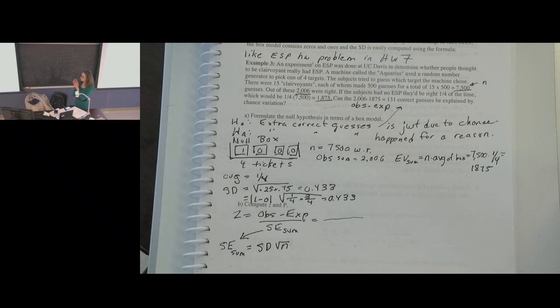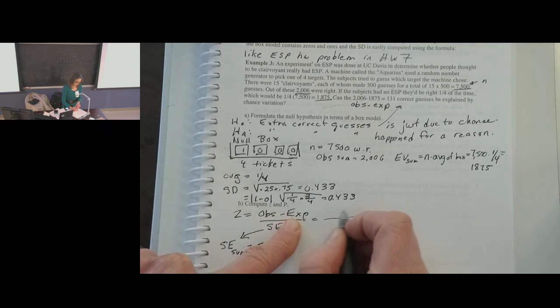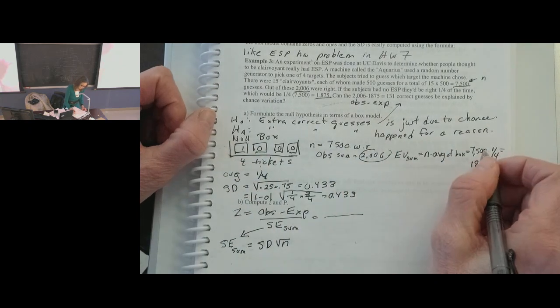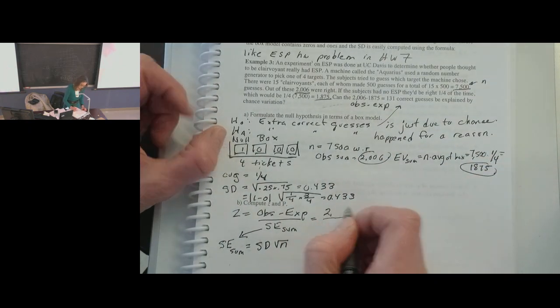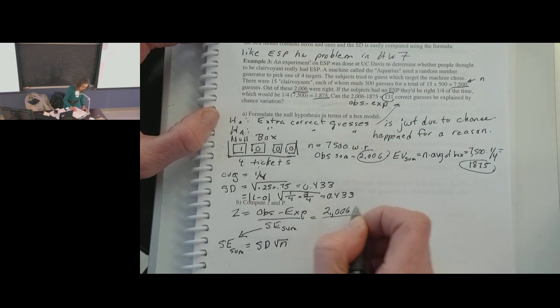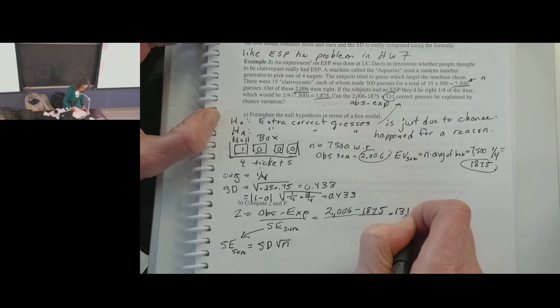So now we know this. But so we got the observed minus the expected. Let's look at that. We have it right up here. This is our observed, and that's our expected. And we already know it's 131. And that's the 131.